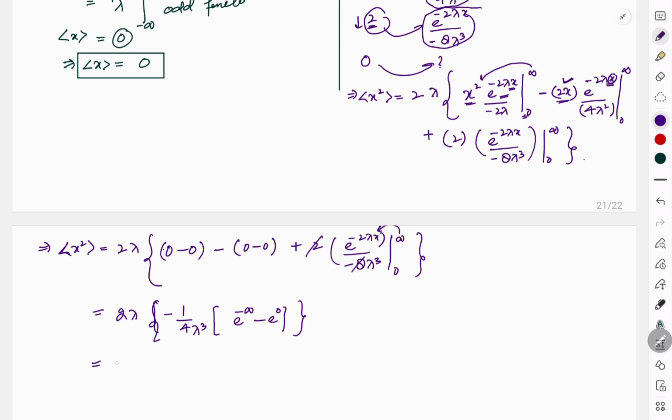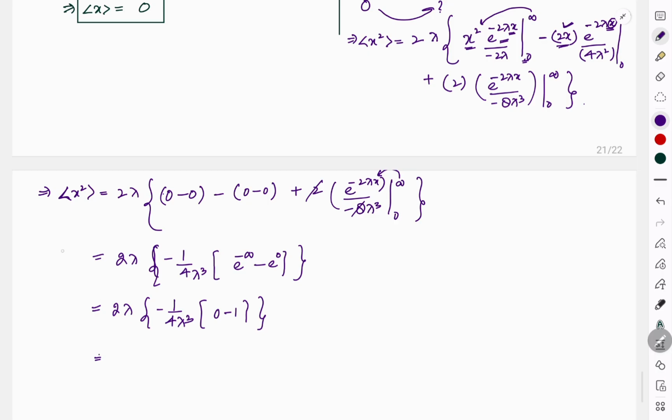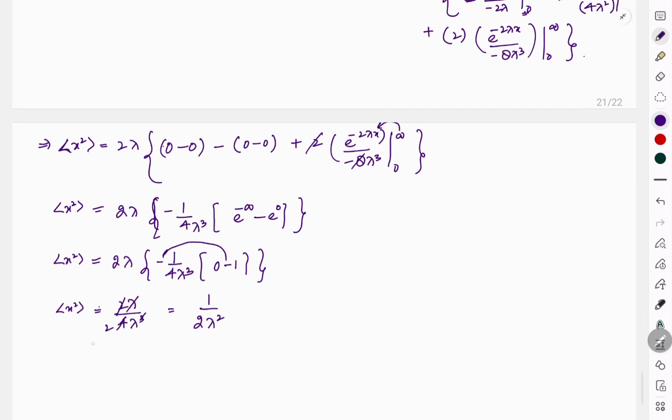I know, you know all these things. 2 lambda minus 1 by 4 lambda cube, it is 0 minus 1, and which implies expectation value of x square. So minus minus would be plus, so it's 2 lambda divided by 4 lambda cube. So 2 2's 4, lambda lambda will go, so there remains only 1 divided by 2 lambda square, and hence expectation value of x square is 1 over 2 lambda square.